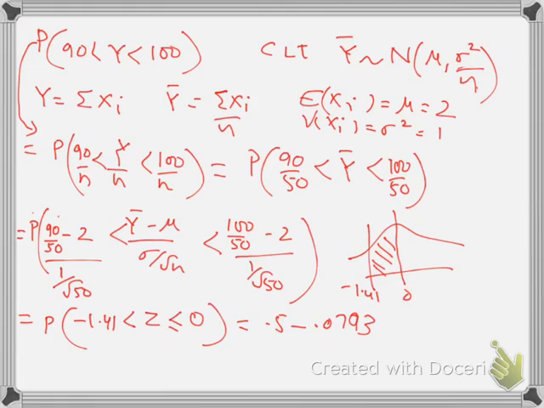So 0.5 minus the area on the left of negative 1.41, which is 0.0793. So this area is 0.0793 and that gives 0.4207.